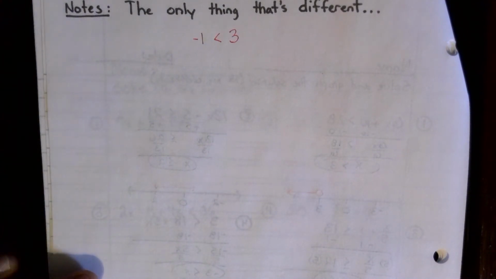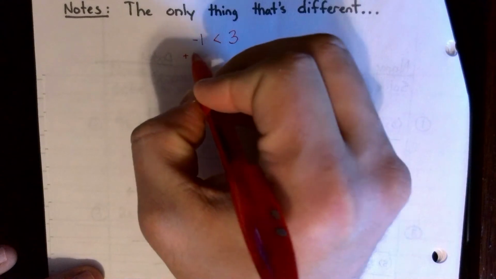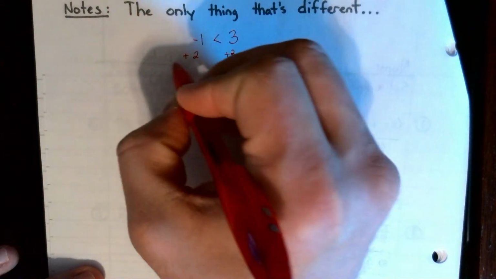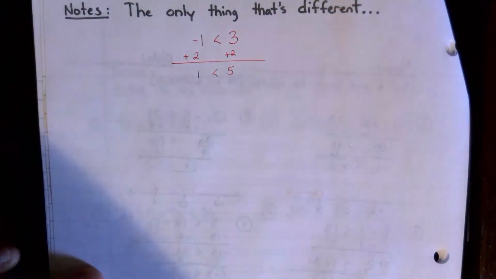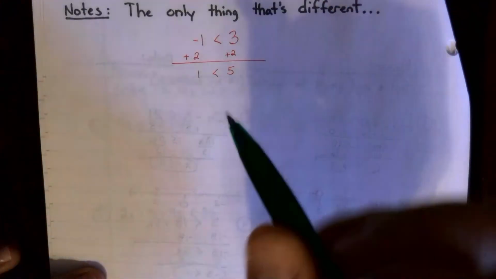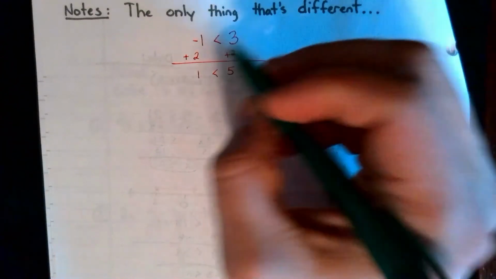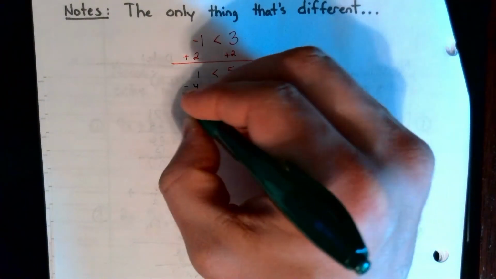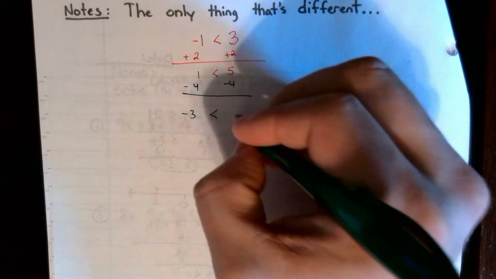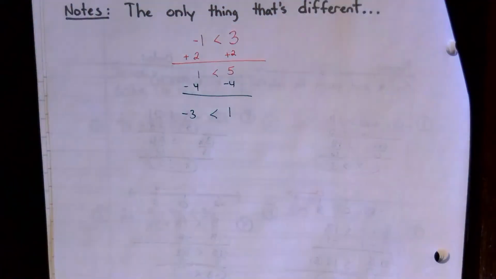And for the most part, if I add the same thing to both sides, if I add 2 to both sides, I get 1 is less than 5. That's still true. I can take away things from both sides, let's say I take away 4 from both sides. I get -3 is less than 1. I get all these things that are true statements.